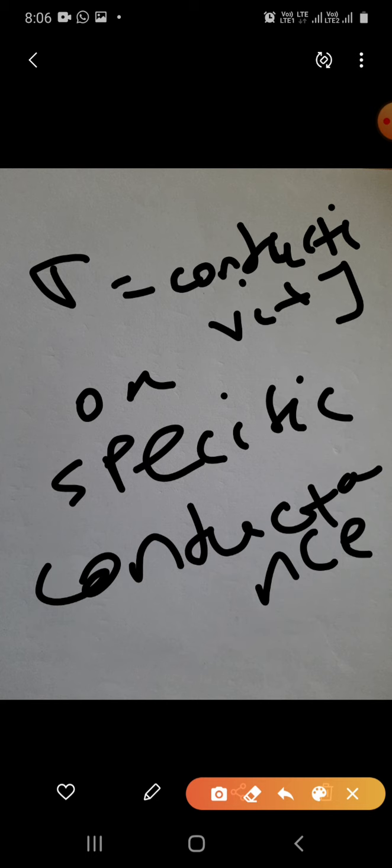Normally the unit of conductance is Siemens. The unit was also called mho.